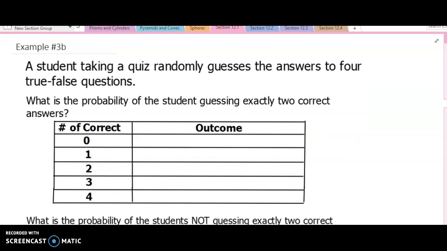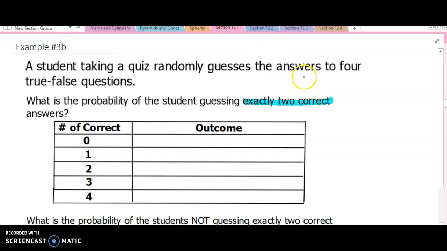All right, so let's look at example 3B. This one requires a little more thought. A student is taking a quiz and randomly guesses the answers to 4 true or false questions. What is the probability of the student guessing exactly 2 correct answers?